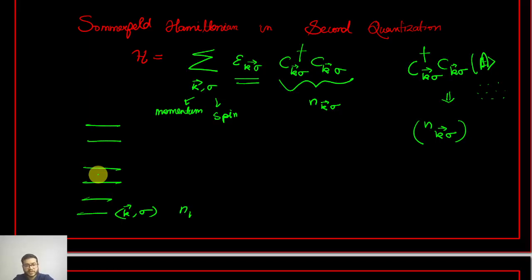So if there are n k sigma electrons in a state, it multiplies that number with the energy and adds all of these up, giving us the total energy. That is the Hamiltonian of the Sommerfeld model in the second quantized picture.